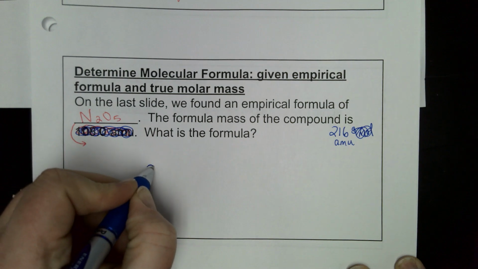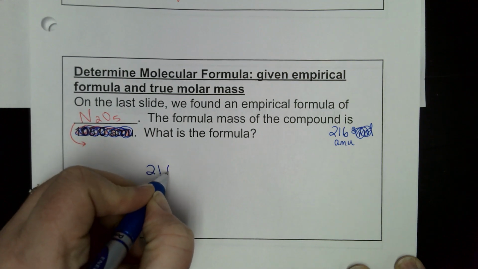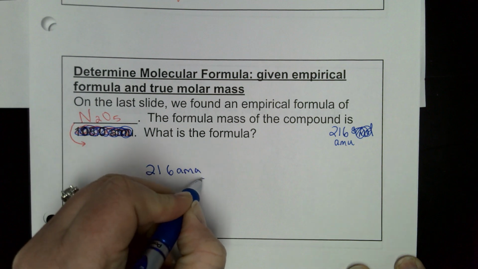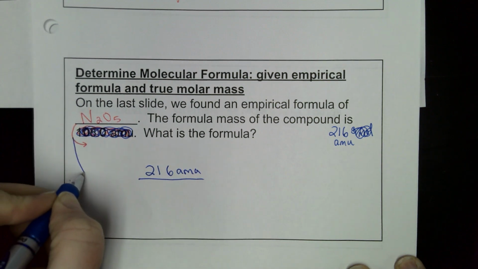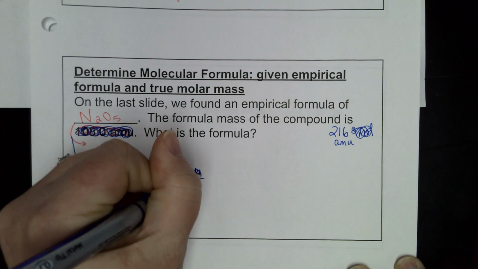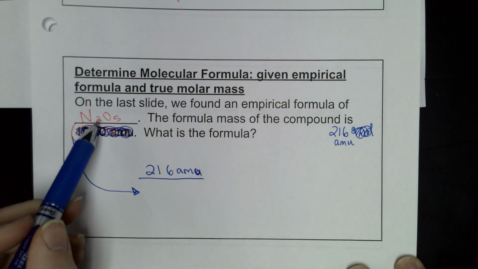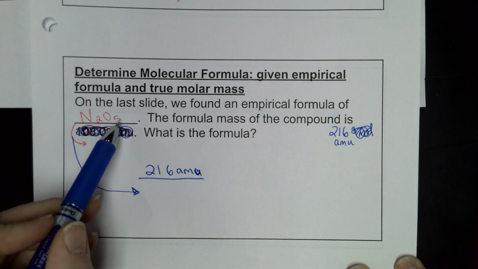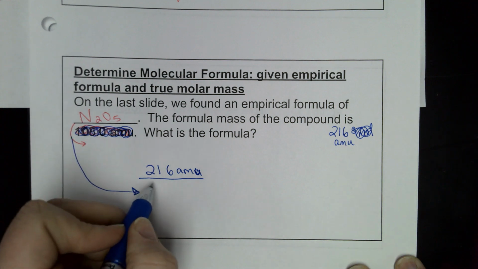If you pause this and find the formula mass of N2O5, you'll see that it's about 108.